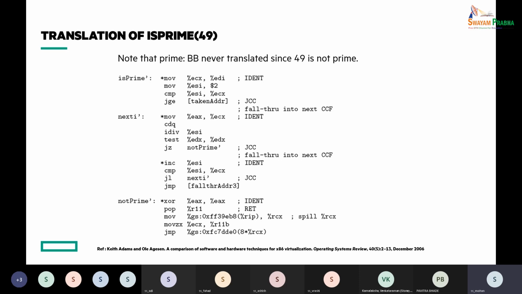Privileged instructions, and then most of the instructions would fall through directly, so it would be a direct kind of translation. But there would be places where we had to do binary translation to handle it. So this was a big technique to solve the problem that the x86 processor could not be virtualized directly with trap and emulate kind of concepts.